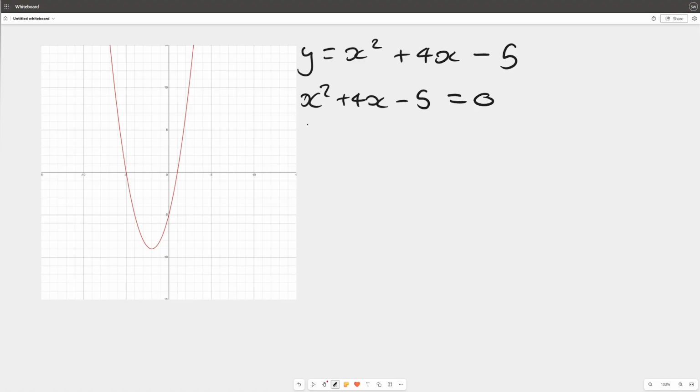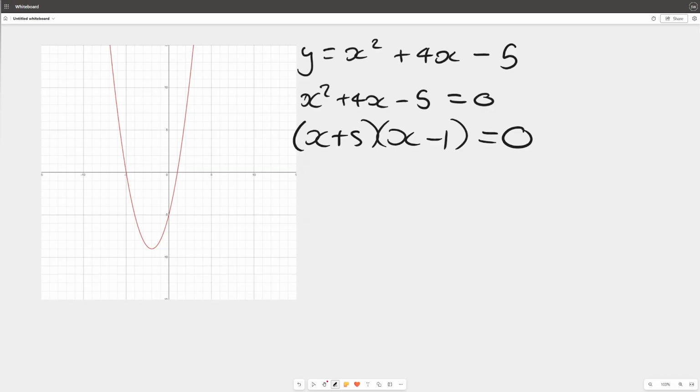So using the factorising that we just did, we have x plus 5 and x minus 1, and that's going to be equal to 0. Now what do we need in order for this to be equal to 0? Well, we've got one thing multiplied by another thing.